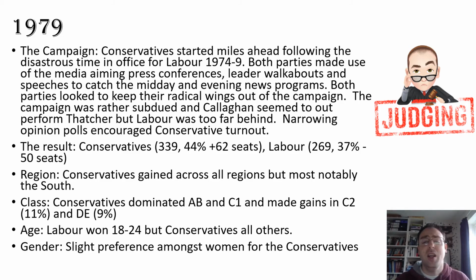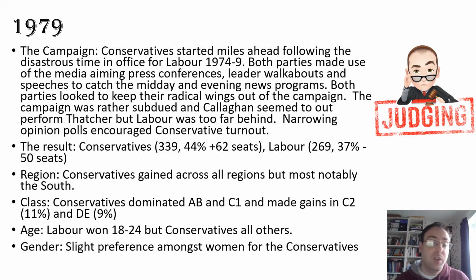So the whole campaign is rather subdued, and people at the time said that, in terms of the campaign, Callaghan seemed to outperform Thatcher, and the gap narrowed, but it didn't narrow enough, and the fact it was narrowing in the opinion polls encouraged that core Conservative vote to turn out. So the results saw 339 seats for the Conservatives with 44% of the votes, an increase of 62 seats. Whilst Labour only got 269 seats, 37% of the vote, and they lost 50 seats.